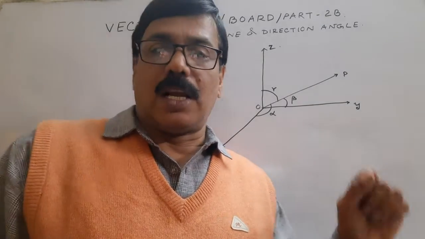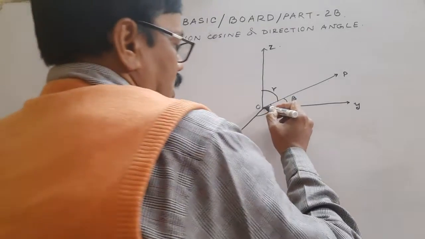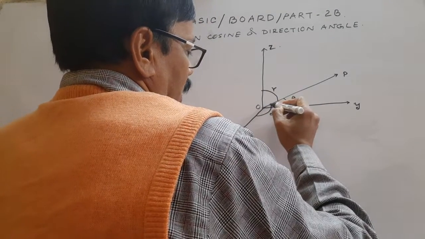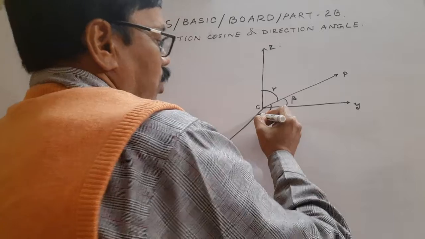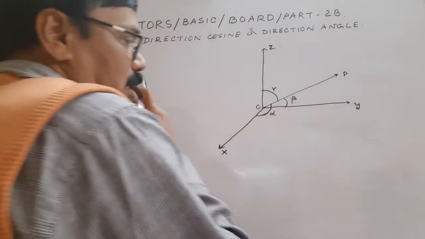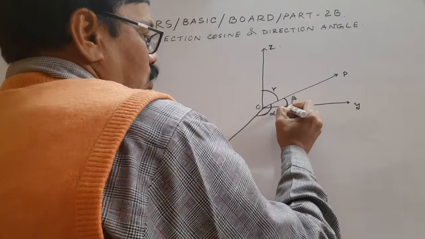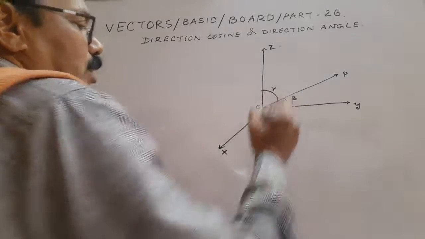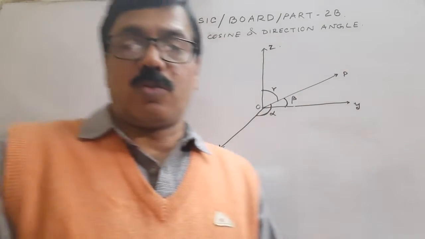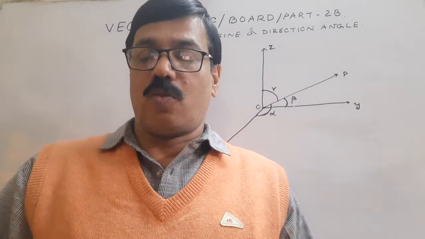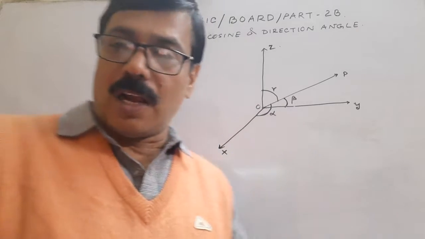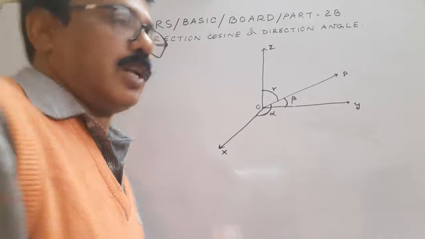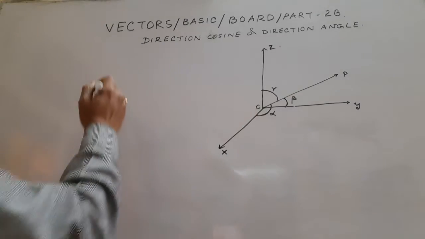Now OP is a line. It makes an angle alpha with x-axis, beta with y-axis, and gamma with z-axis.